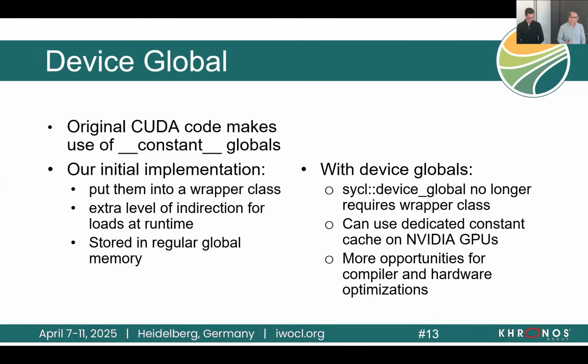So we had to put them into a wrapper class, but that generated extra indirect lookups, and it ended up in global memory, not in that constant memory. With device globals, that could be changed, and it simplified the code, made it a bit more CUDA-like, and also gave some performance improvements. And by being more explicit about what this is intended to be, that it's constant memory and global, we're also giving compilers more room to optimize.